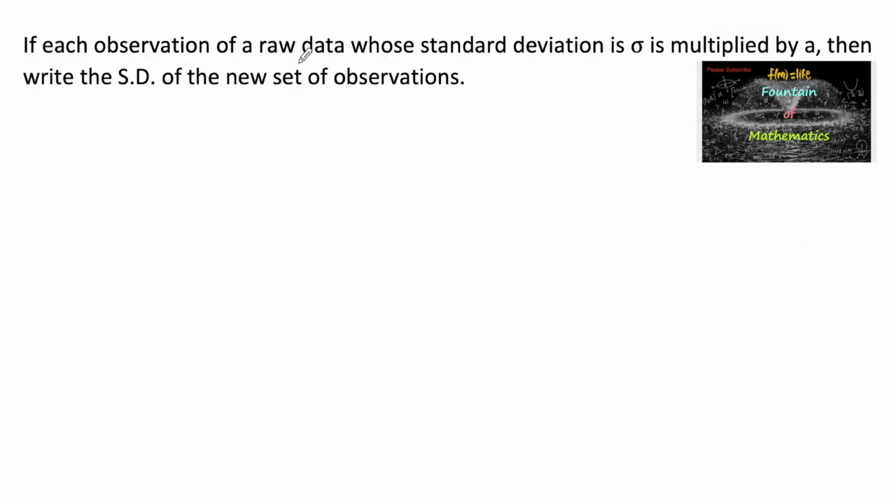If each observation of a raw data whose standard deviation is sigma is multiplied by a, then write the standard deviation of the new set of observations.